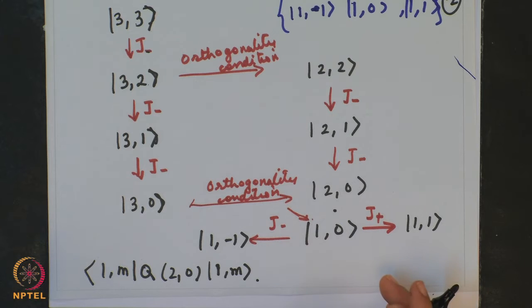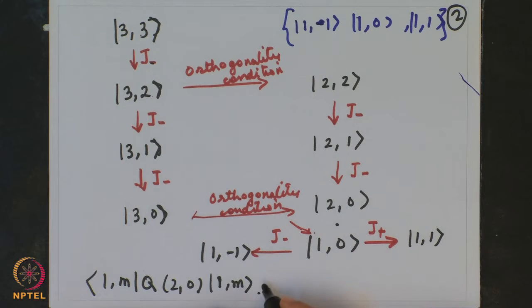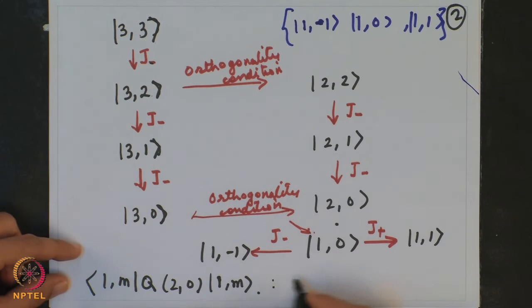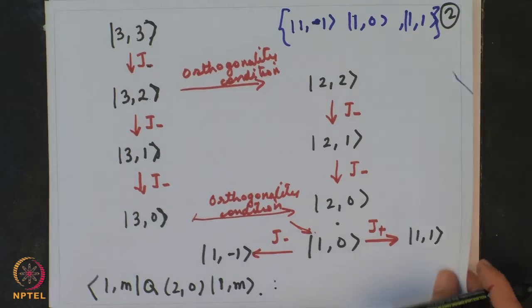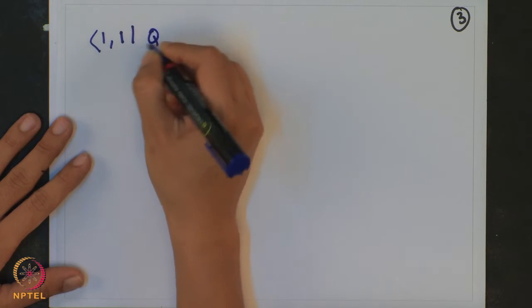Okay. These you can obtain for different values of m. So, in the next step I will obtain the ratios, that is 1 1 q.